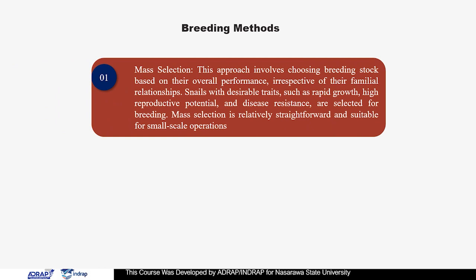This approach involves choosing breeding stock based on their overall performance, irrespective of their familial relationships. Snails with desirable traits such as rapid growth, high reproductive potential, and disease resistance are selected for breeding. Mass selection is relatively straightforward and suitable for small-scale operations.